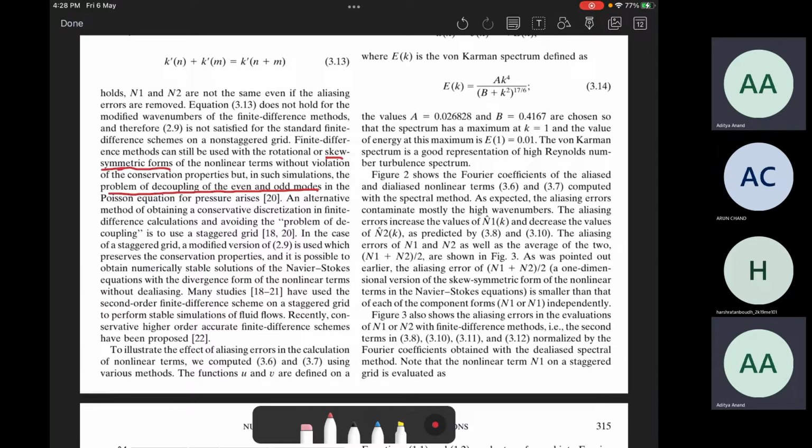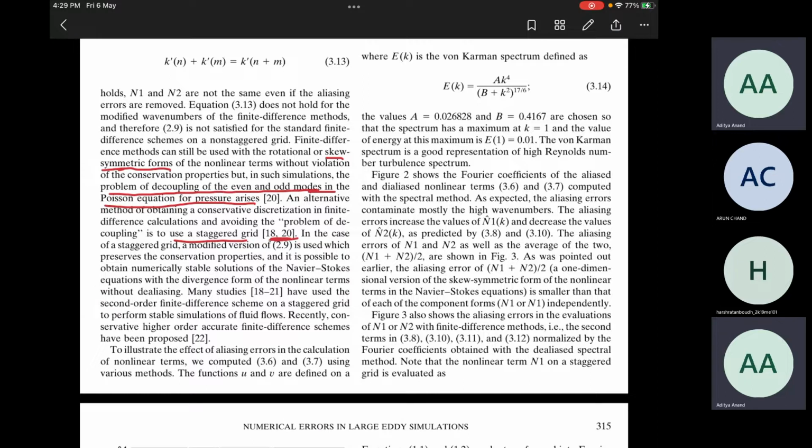There are some problems that arise when you solve the Poisson equation for pressure. So this can be avoided when you use a staggered grid. To get into the details, you can refer to these references. So that's why they have used a staggered grid for pressure.